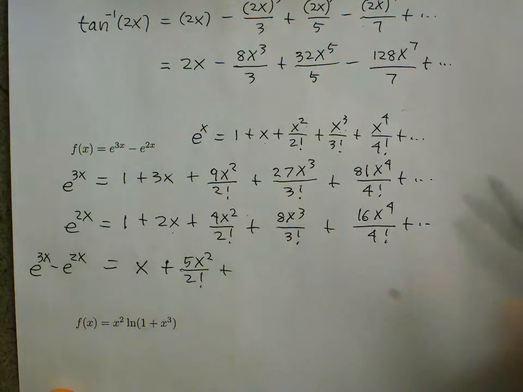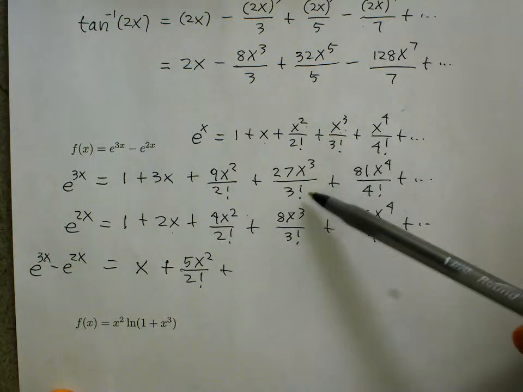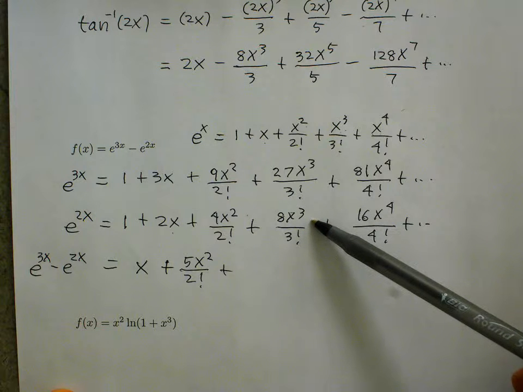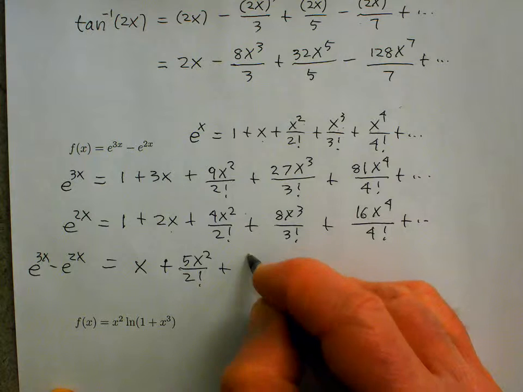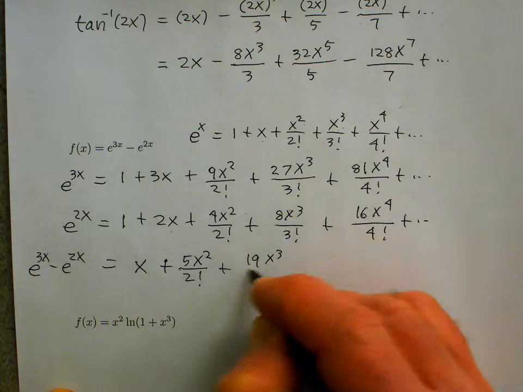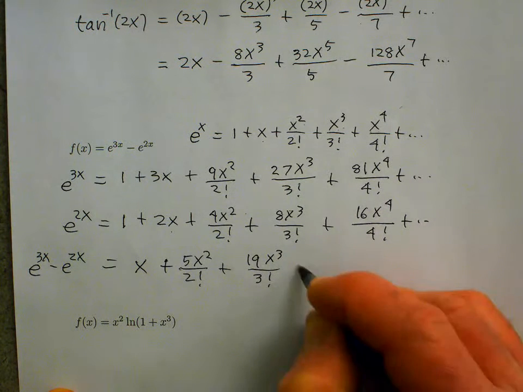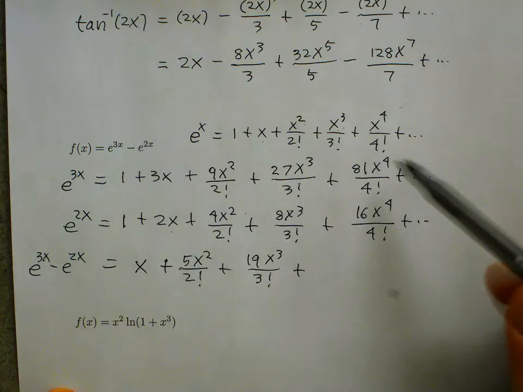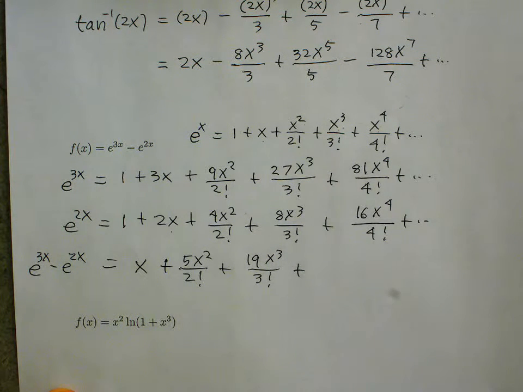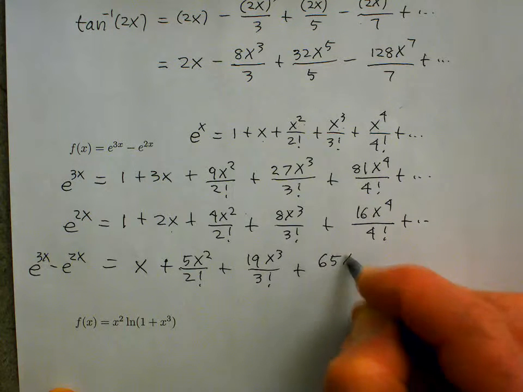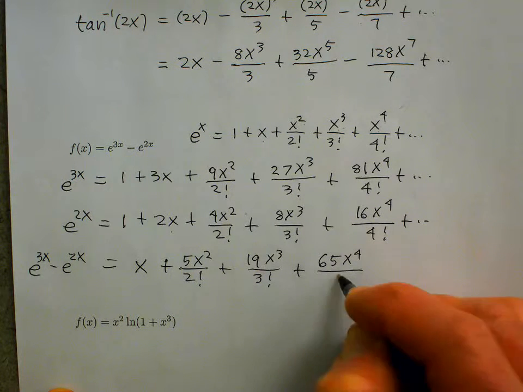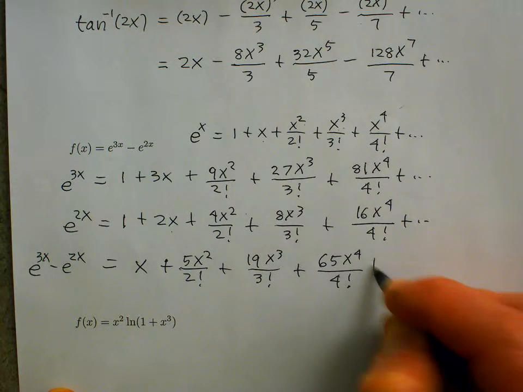And then the next one, 27x to the third over 3 factorial minus 8x to the third over 3 factorial is plus 19x to the third over 3 factorial. And we'll just do one more. 81 minus 16 is 65x to the fourth over 4 factorial.